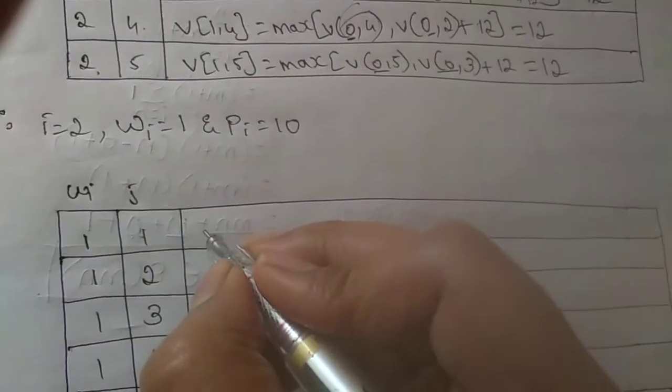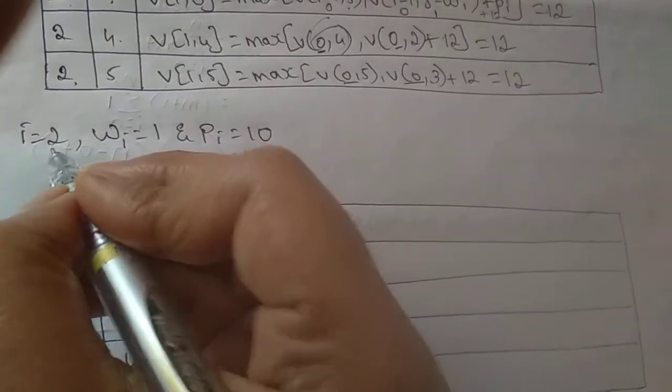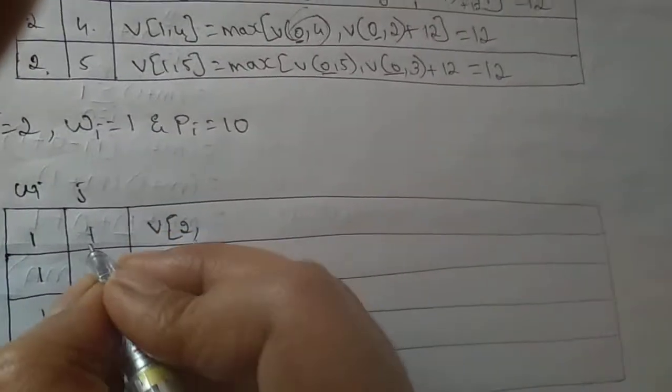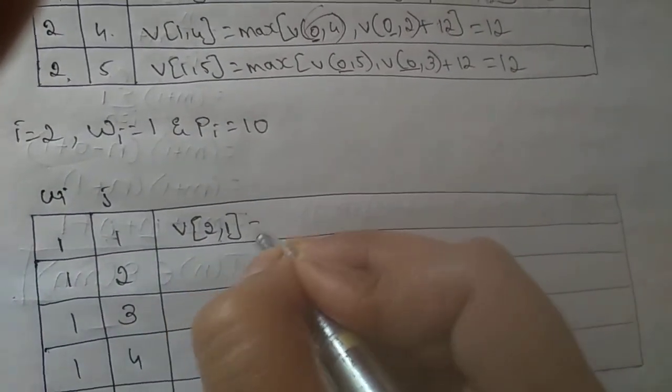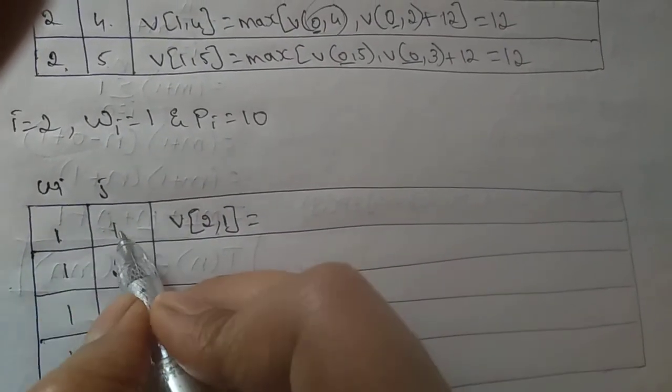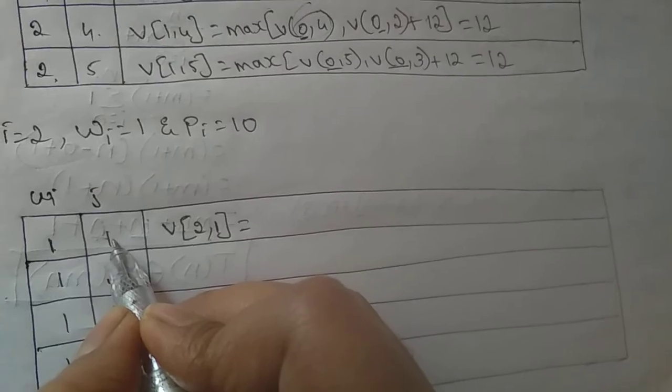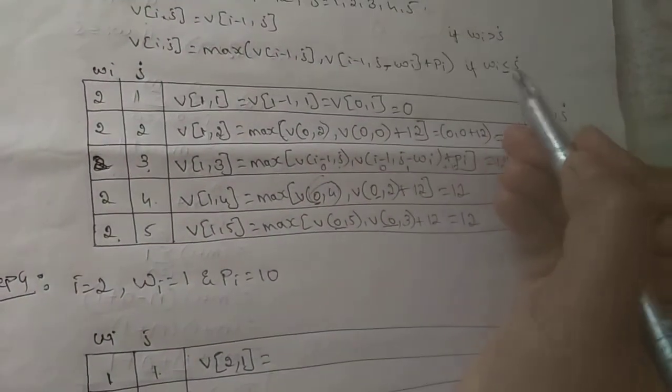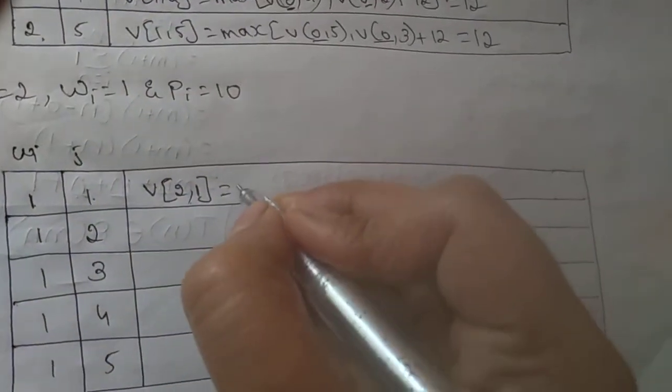Now v of i comma j, i value is 2, j value is 1, v of 2 comma 1. Here which condition? wi is less than or equal to j, so the max value you have to take.